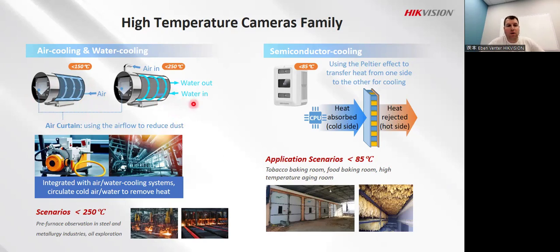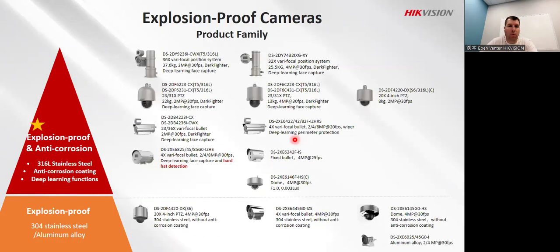But 250 degrees, so for harsh environments, definitely high humidity environments, we also have separate cameras with special covers over those cameras to dissipate the heat, even though it's a very hot and humid environment, especially for tobacco. We've actually tested one at a crocodile farm, because the humidity is bad there. A lot of places. Moving forward.